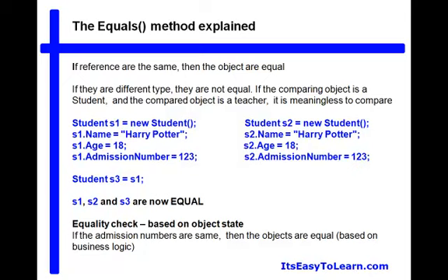In this example, we are reiterating again: S1 and S2 are two new students having the same state, and S3 is an alias to S1. Now, since we have an equals method, our equality check is based on object state.